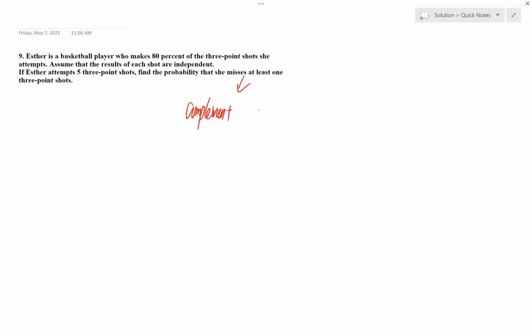Complement event of misses at least 1 shot is misses 0 shot. Now, another way of saying this is makes all shots, makes all 5 shots. So this is very crucial, right? You come up with the proper complement event.